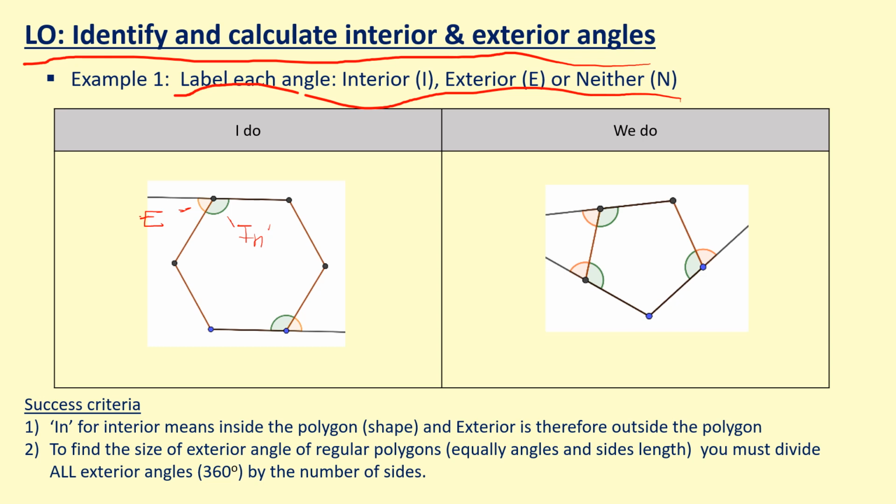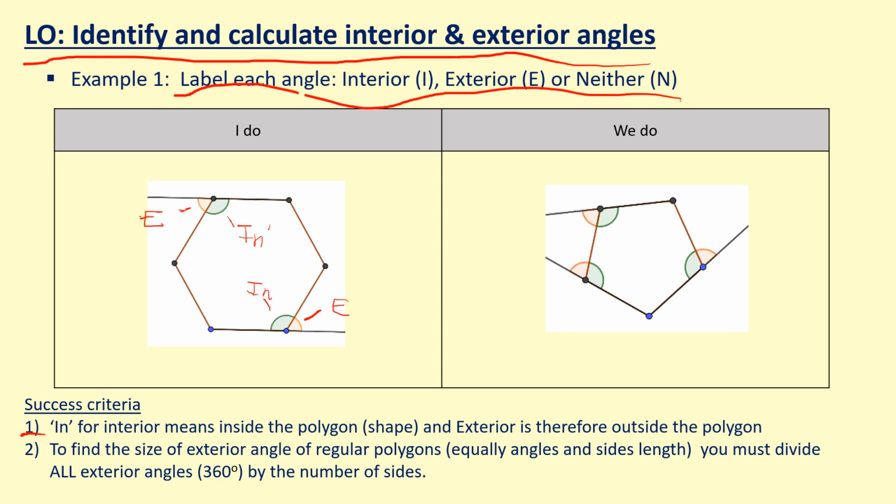We've got two more down the bottom here. That's going to be exterior because again it's on the outside of this hexagon, this polygon shape. And the green one is interior. Nice and easy. So if we look at bullet success criteria number 1, interior means inside the polygon shape, and exterior is therefore outside the polygon.